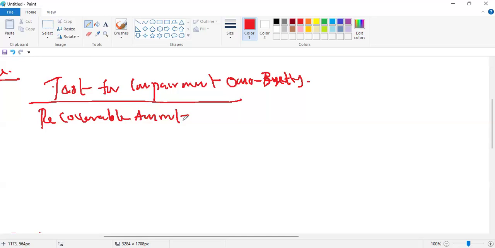What is the recoverable amount given in the question? $3,480. I will now go and calculate my carrying amount to determine whether it is impaired or not, to get the impairment loss if any.